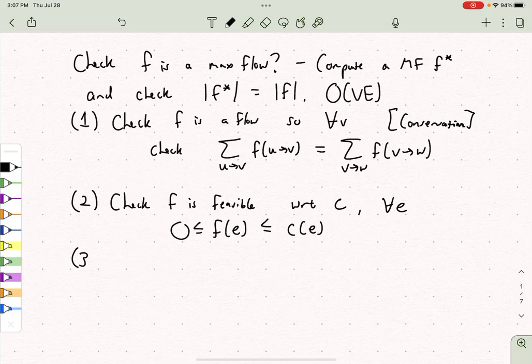The last thing we have to check, now that we know F is a feasible flow, is that F is maximum.